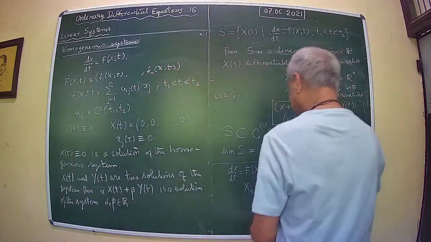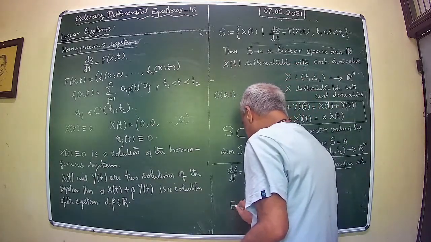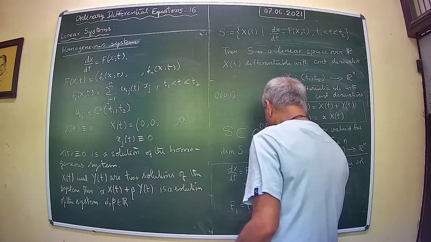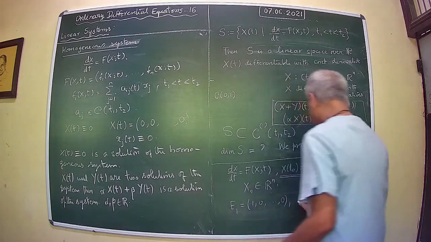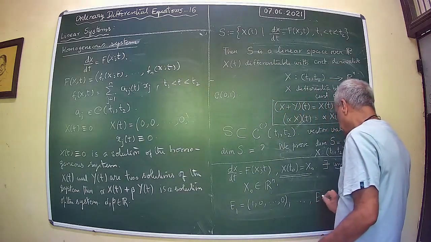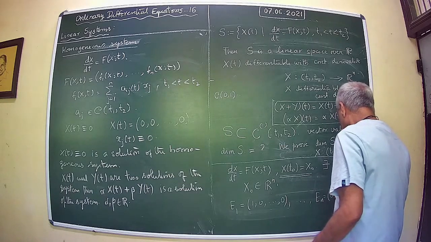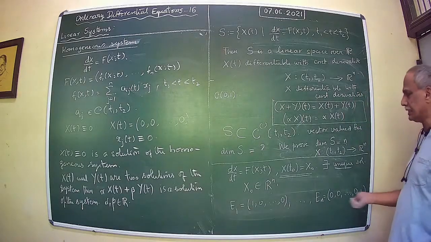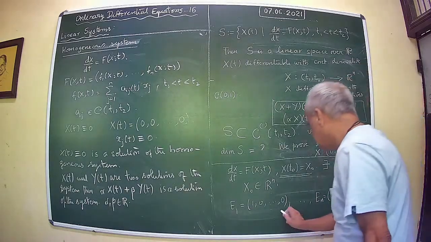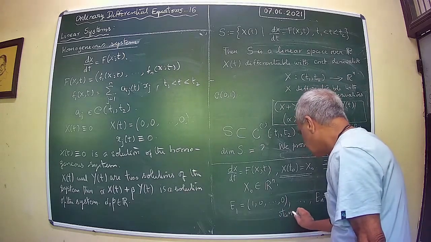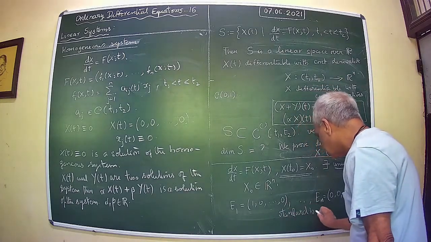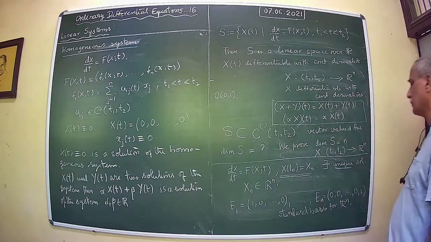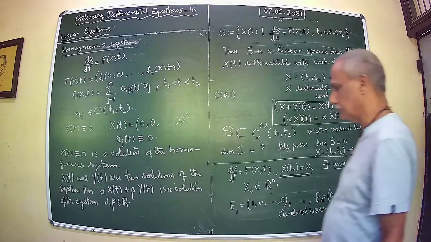Therefore, you see that now let us take this notation, that is e1 to be (1, 0, 0, ...), etc., en to be the last unit vector. This is the standard basis for R^n.